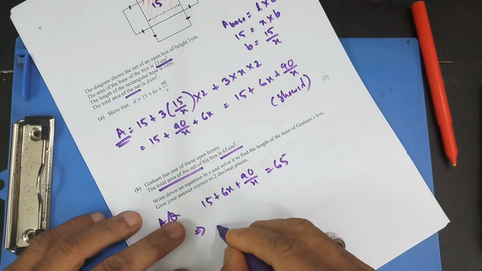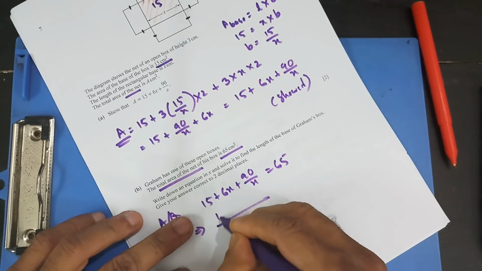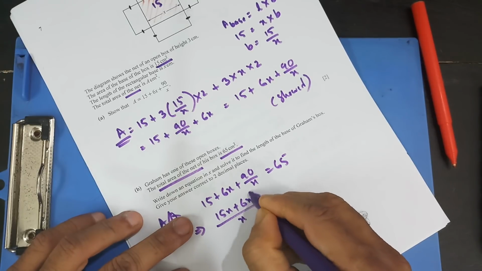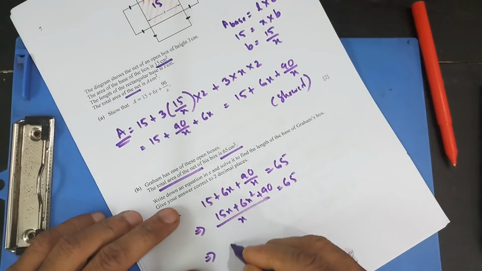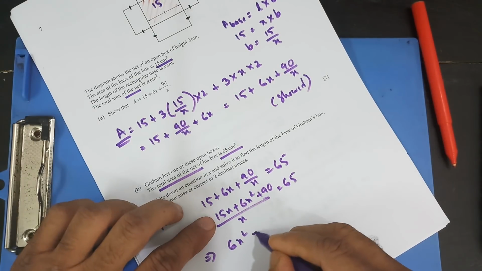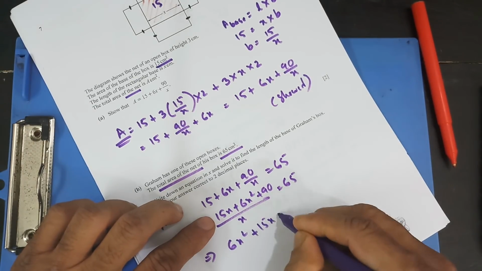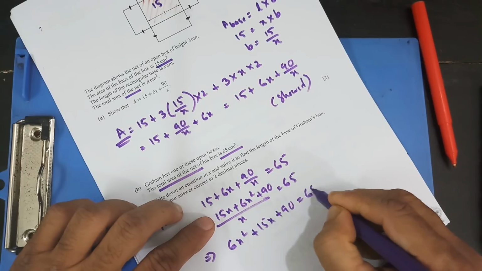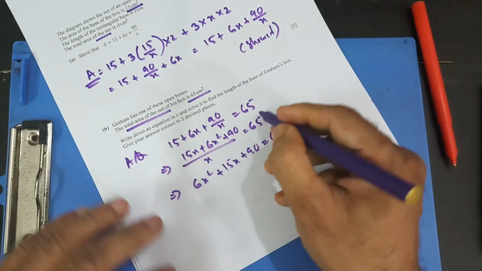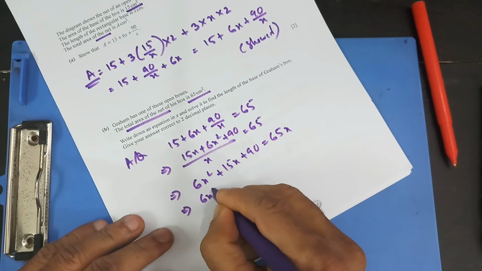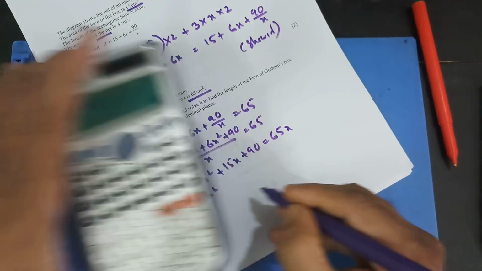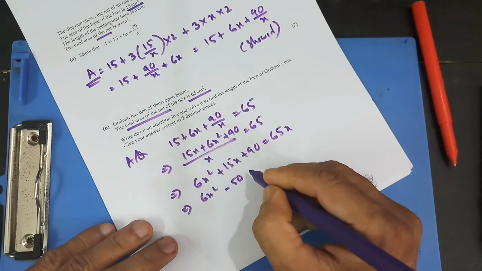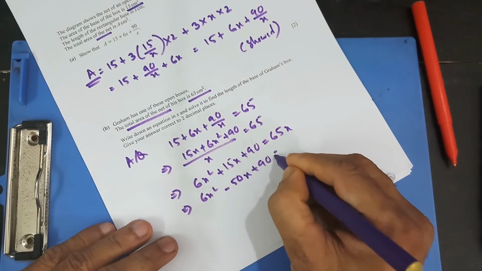If I do the LCM over here, I get 15x plus 6x squared plus 90 equals 65x. So it's going to be 6x squared, and over here 15 minus 65 gives minus 50x, plus 90 equals 0.